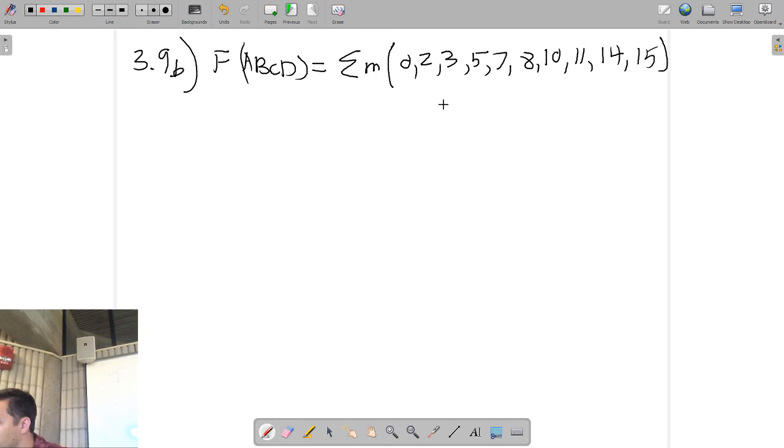And 3.9 says find all of the prime implicants for the following Boolean functions, determine which are essential.